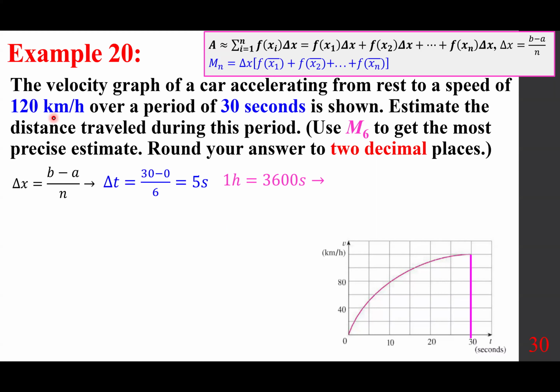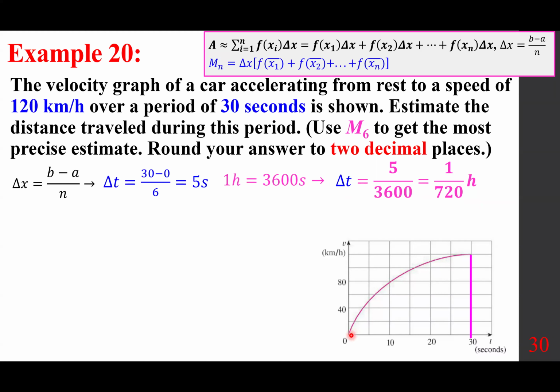So delta t, which is 5 seconds, is how many hours? 5 seconds divided by 3,600, and it becomes 1 over 720 hours. Again, we have to go with the same units, kilometers per hour, and this is in seconds. That's the reason.